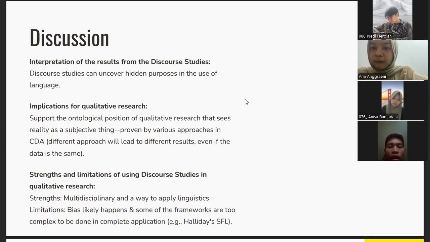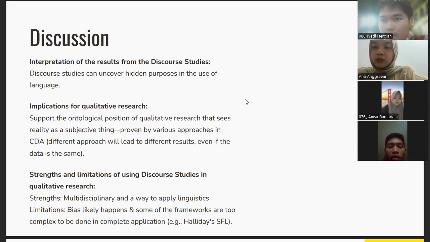Also, discourse studies have enriched the variety of methods in qualitative research. They support the ontological position of qualitative research that sees reality as subjective, depending on how each subject is constructed socially.